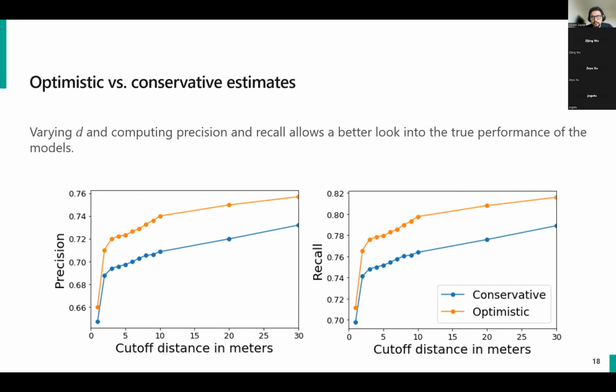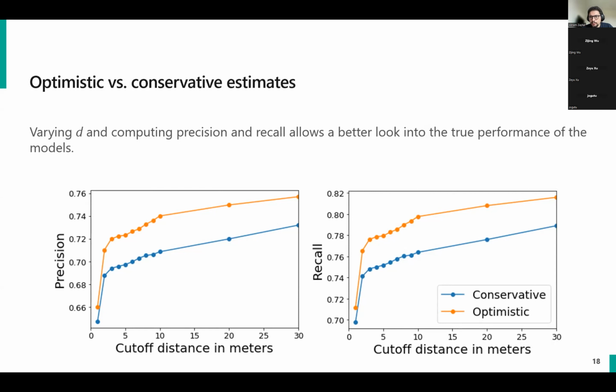So now on to results. We can compute metrics like precision and recall using the true positives and false positives with different buffer distances to better understand the true performance of the models. So these two plots show that value D that I was talking about, what range of noise we're going to allow for, influences the precision, which is similar to the number of false positives you have, and recall, which is the number of cows in the image that you're correctly identifying.